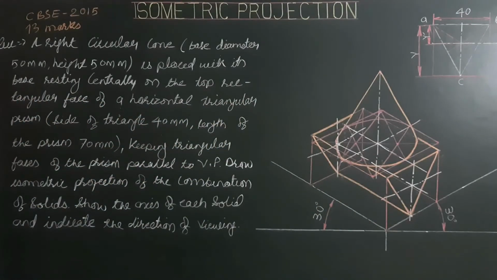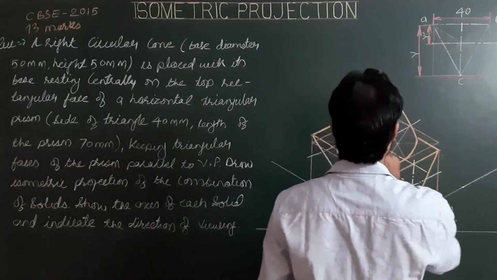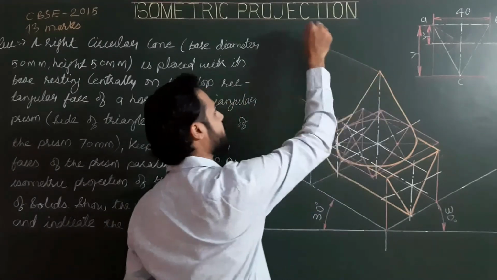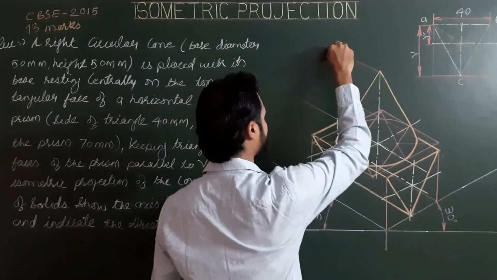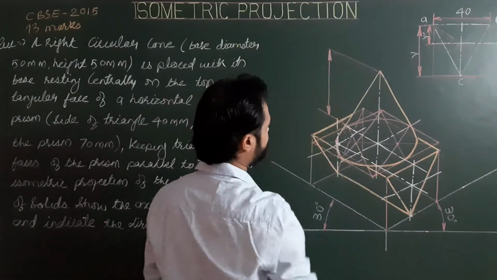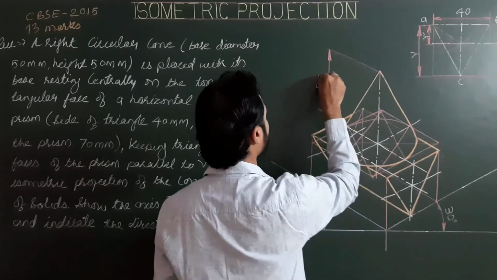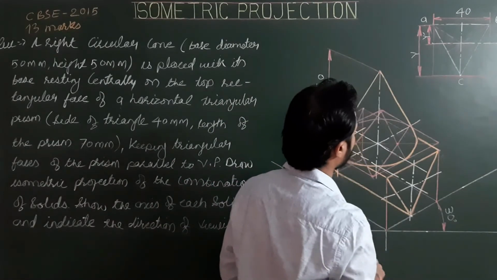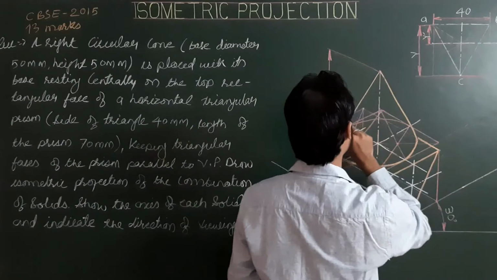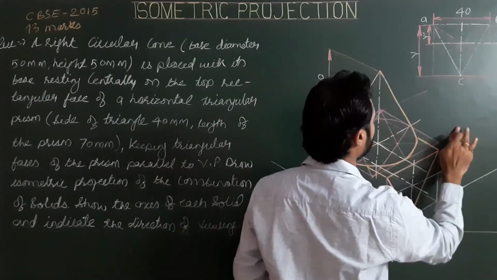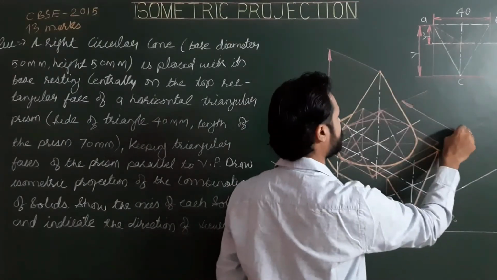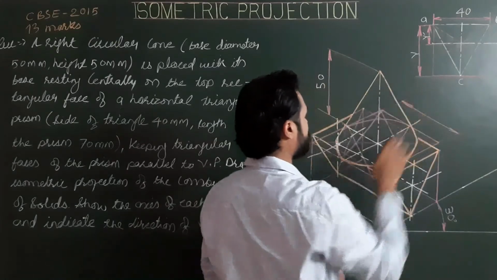Last, dimensioning. For dimensioning, what to do? Extend lines parallel to the second isometric axis, and the dimensioning line parallel to the solid axis. 50, diameter of the circular base, dia is 50.